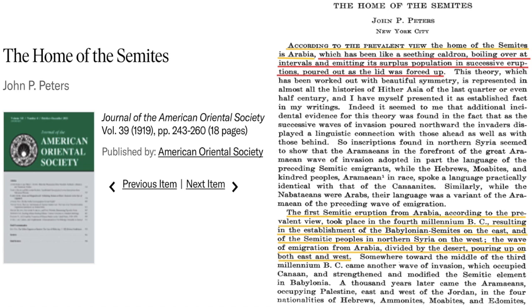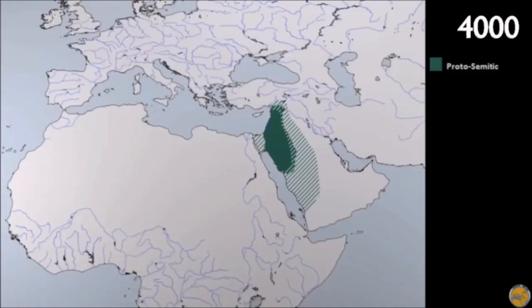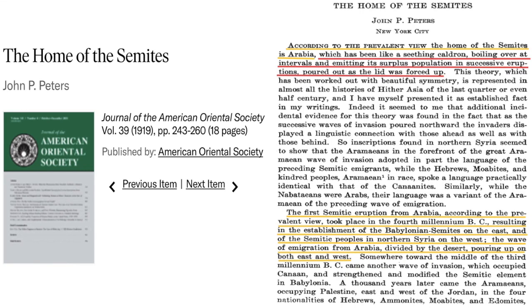The first Semitic eruption from Arabia, according to the prevalent view, took place in the 4th millennium BC, as I just showed you, the 4th millennium BC, resulting in the establishment of the Babylonian Semites on the east and of the Semitic peoples in northern Syria on the west. The wave of immigration from Arabia divided by the desert pouring upon both east and west.